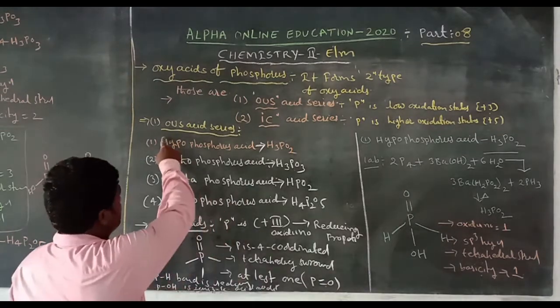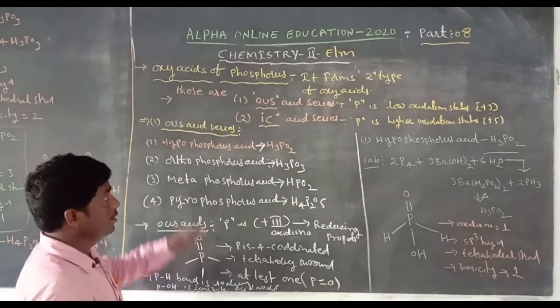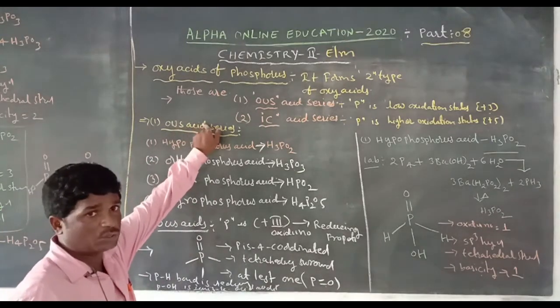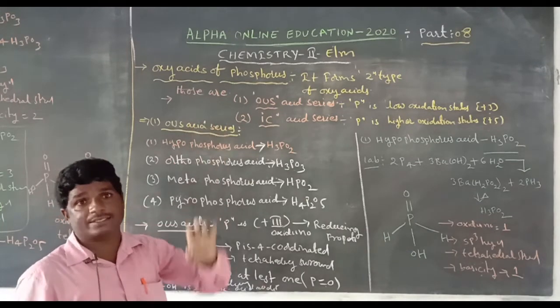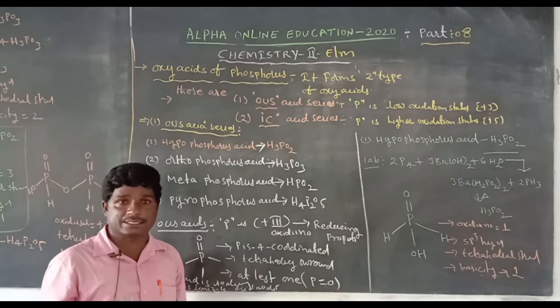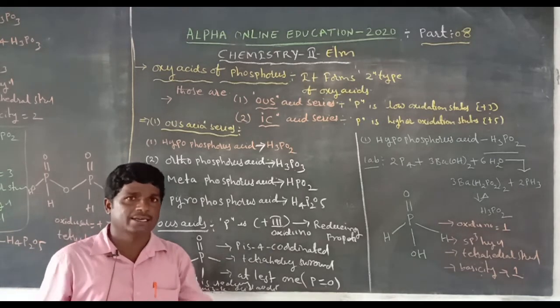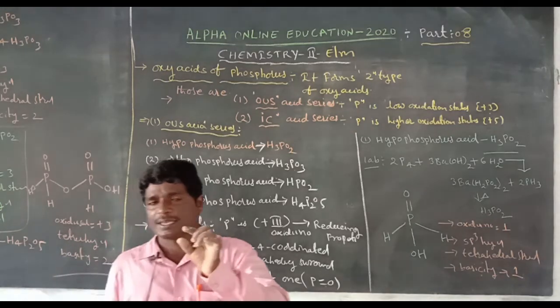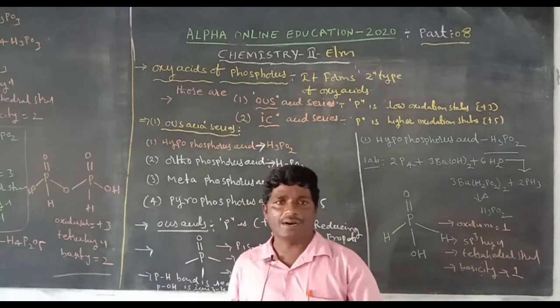Here is the first one, the ous acid series. Phosphorus forms two types of oxides, phosphorus trioxide or phosphorus pentoxide. Phosphorus combines with oxygen to form two types of oxides.